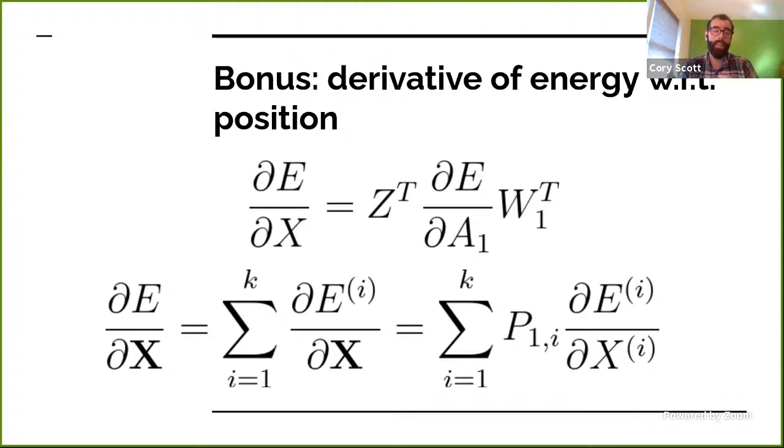What that lets us do is get forces acting on all of the molecules and then directly simulate molecular dynamics using the trained neural network. So the idea is that you could take a position of your molecule, push that through the network and get the energy out, collect all the gradients and find the gradient of the inputs with respect to position, and then that lets you move each particle in your simulation by some amount to minimize that energy.